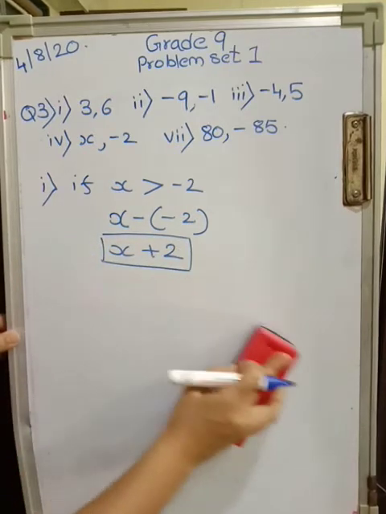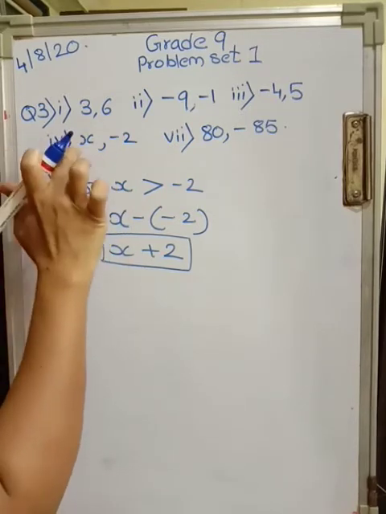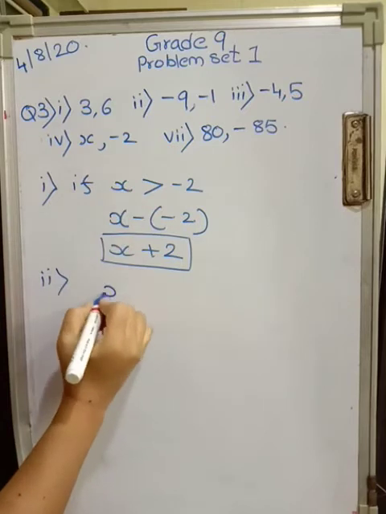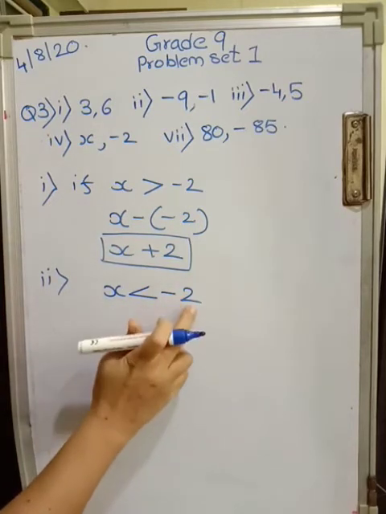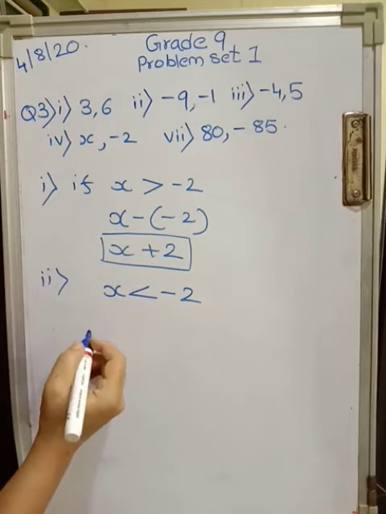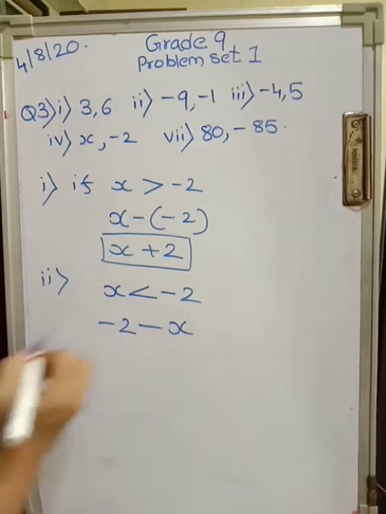Now the second possibility is what? The second possibility is this x can be smaller than minus 2. So x is less than minus 2. So in this case minus 2 is greater. So what will be the distance? It is greater coordinate minus smaller coordinate. Alright.